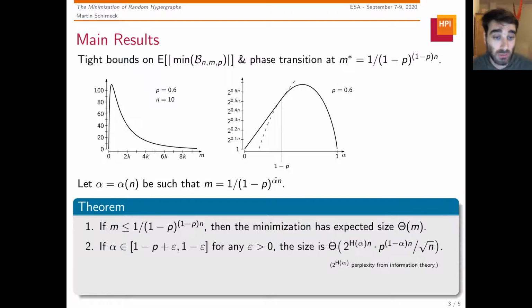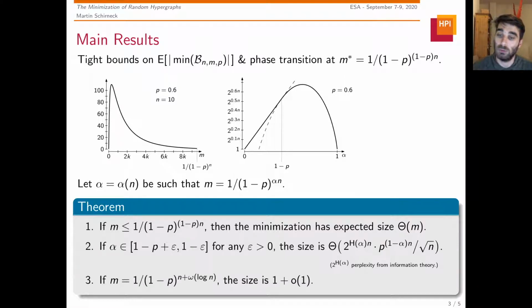And in fact, once we reach alpha equal to 1, or m equal to (1 divided by 1 minus p) to the n, then the minimization essentially consists of a single edge, which is the empty set.